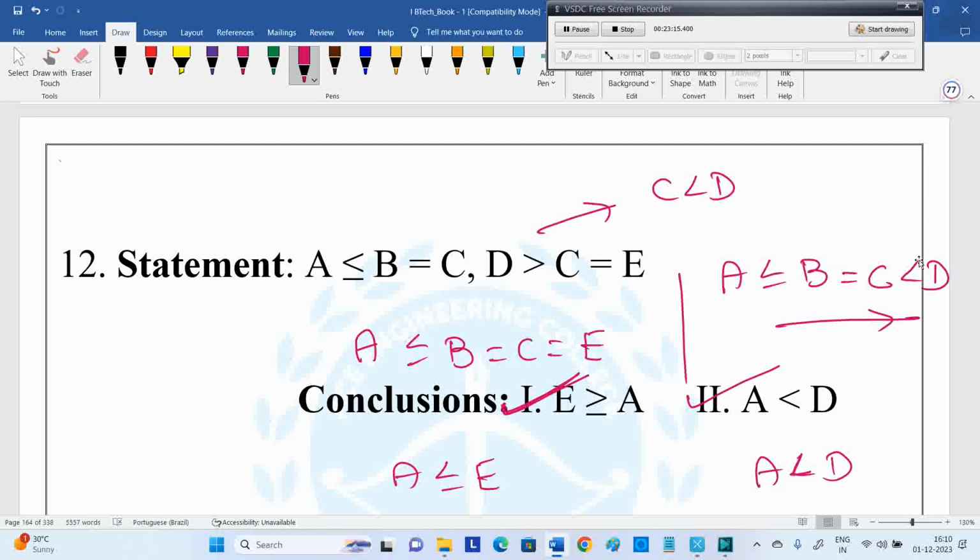If we work on it, we can bring it, because D greater than E means E less than D. Yeah, here I can bring it into one equation also. B equal to C, C equal to E. D greater than C means C less than D only, or E less than D only. I can put it into one equation. So throughout the path, A less than D, correct. A is either less than or equal to D, correct. Both follow. Right.